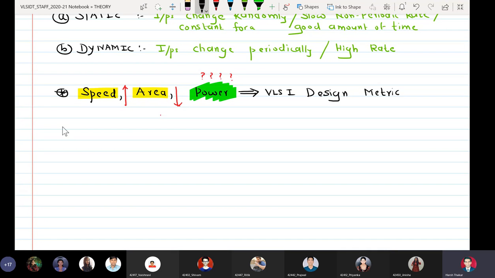But what has happened is, over the years, the number of transistors fabricated on chip have increased, and also the operating frequencies have increased.